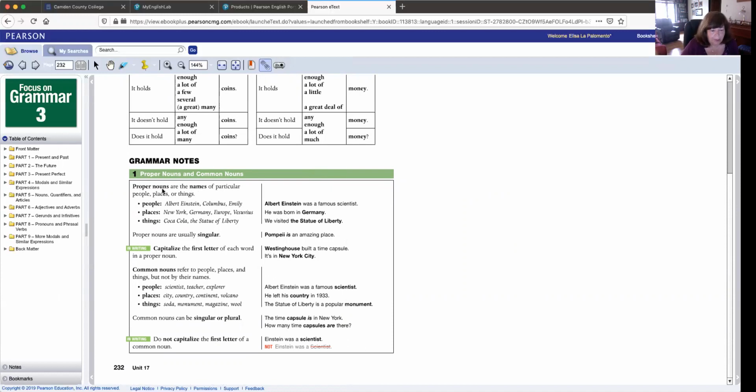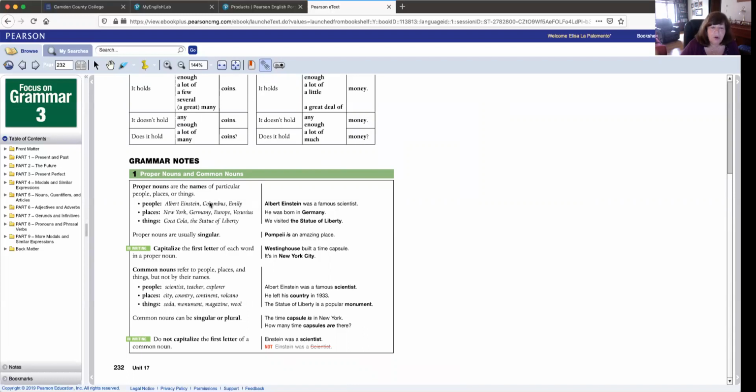And here we go. Proper nouns are the names of particular people, places, or things. For example, anybody's name. Here they have Albert Einstein, they have Columbus, they have Emily. You could have Joe, Maria, Michael. It doesn't matter. If it's somebody's name, it is a proper noun and it is capitalized.